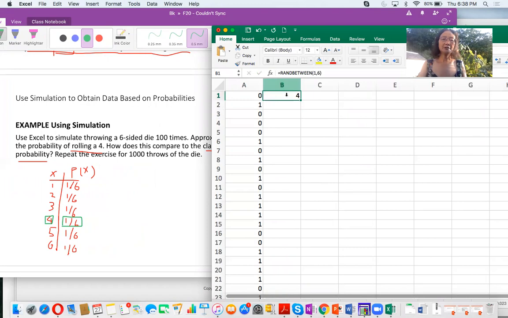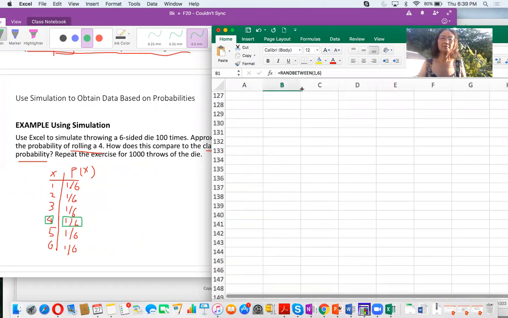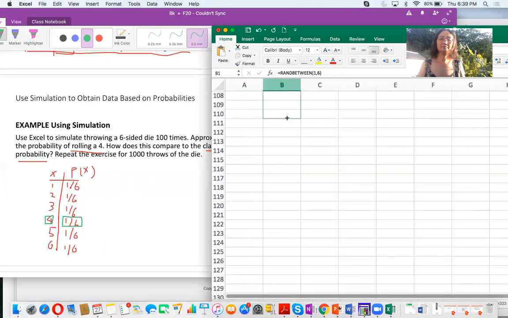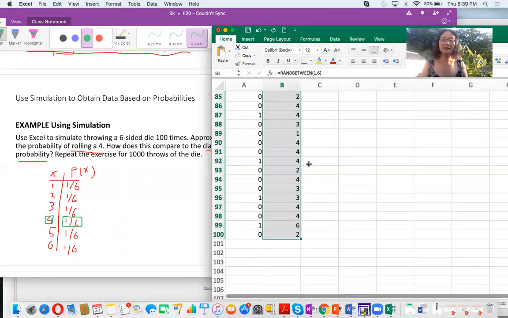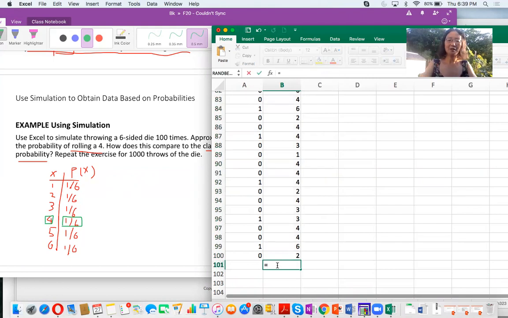You throw the die 100 times. Then you need to count how many number 4s there are. You don't want to count one by one; you want to use a formula. The formula is equal COUNTIF.